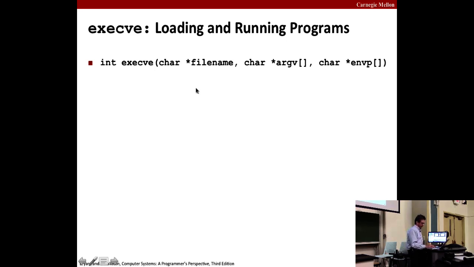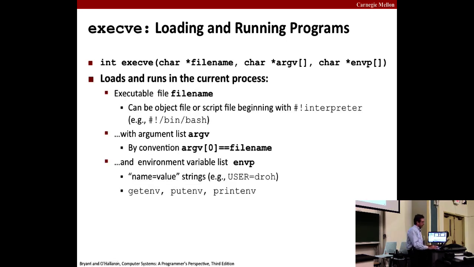And execve loads and runs within the current process the executable file name, which is its first argument. And the file name can be either an executable binary, or it can be a script. It can be a text file, a so-called script file, whose first line starts with a pound, bang, and then the path of some interpreter.